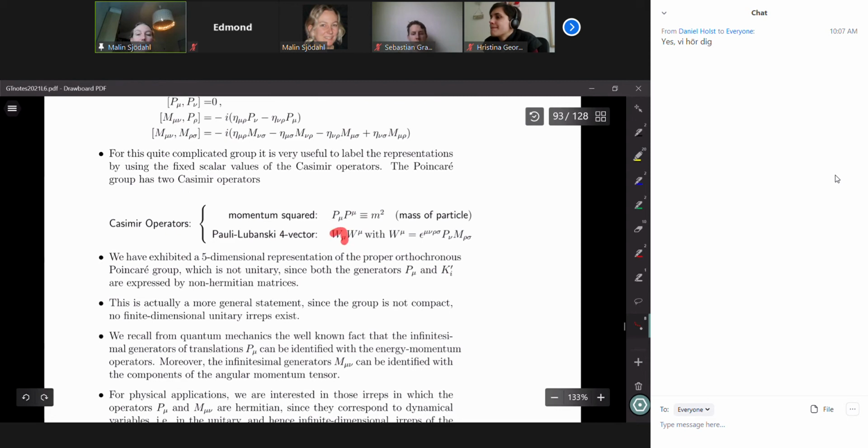And if you contract it with itself, that is another invariant. This Pauli-Lubanski 4-vector is obtained by the fully antisymmetric combination of generators M on one side, for two of the indices, and a translation generator, essentially momentum, for the other direction.